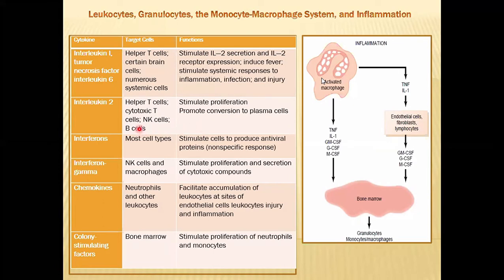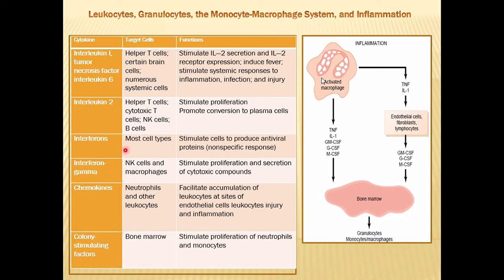This is the conversion of B cells, because B lymphocytes are the only cells that can be converted to plasma cells. Then interferons, these are also cytokines. Most cell types are the target of interferon, as part of non-specific defense. It stimulates cells to produce antiviral proteins, and it's a non-specific response. Then we have interferon gamma.